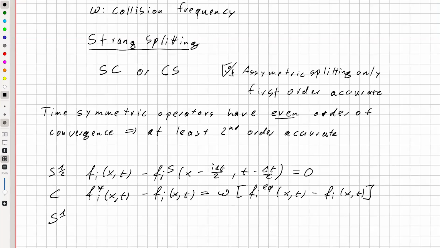And then we do another half streaming, where now we generate this as FIS, and we do the other half of that streaming.